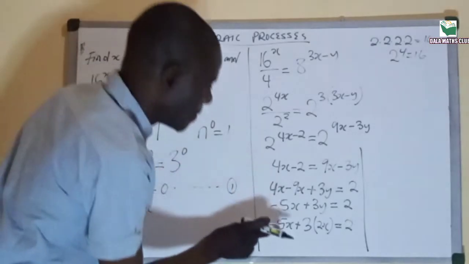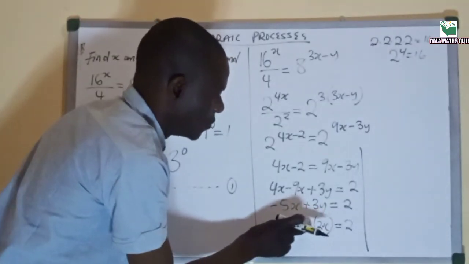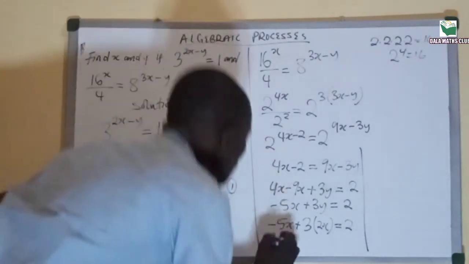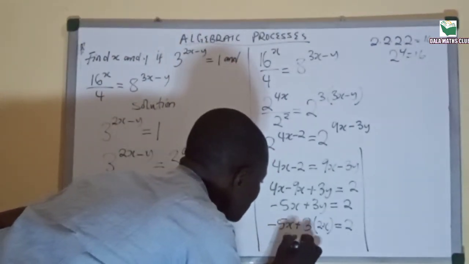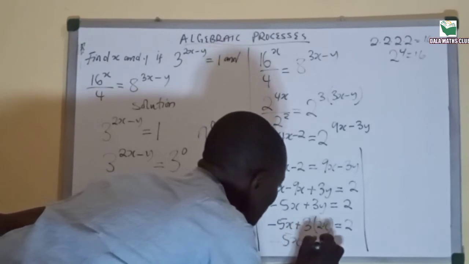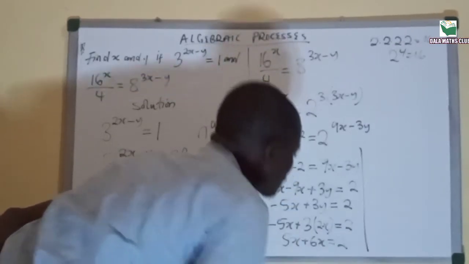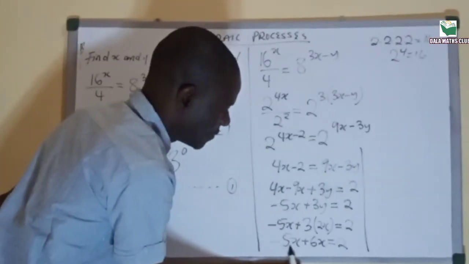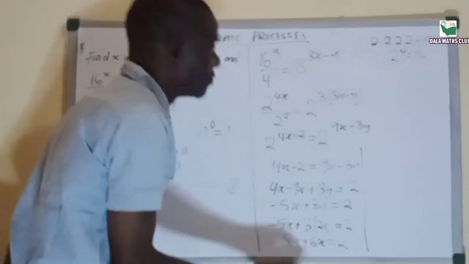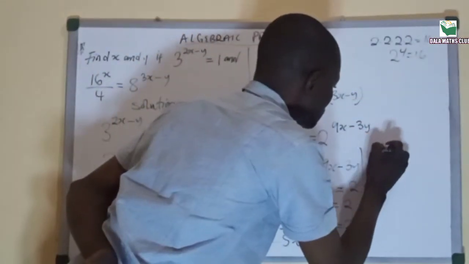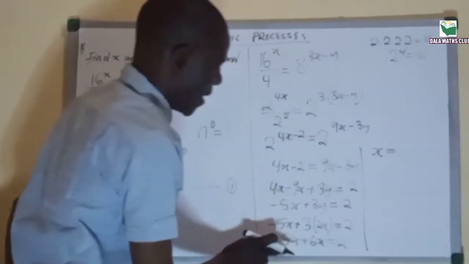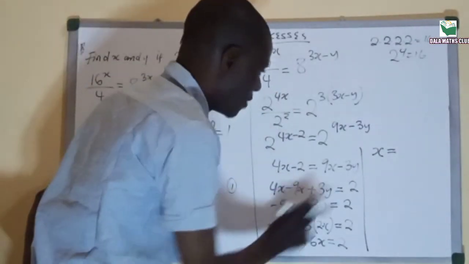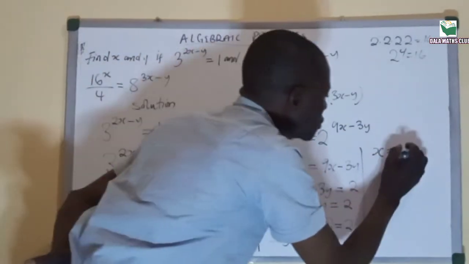From here we have minus 5x, then expanding the bracket, 3 times 2x gives 6x. So minus 5x plus 6x is equal to 2, which gives x, because minus 5 plus 6 is 1. So now we have x is equal to 2.